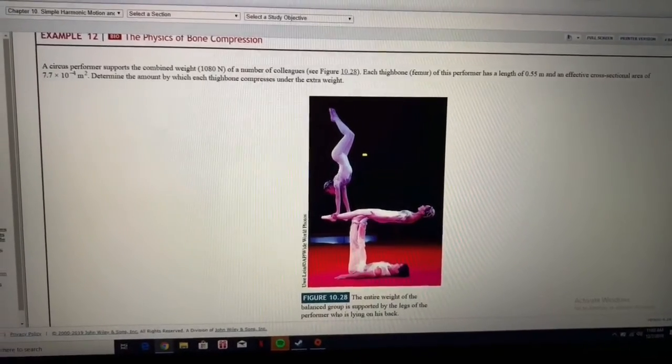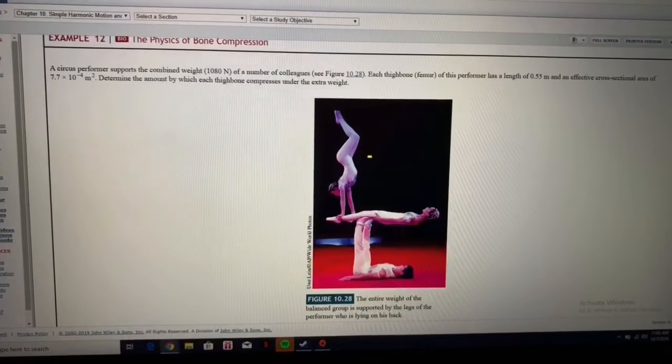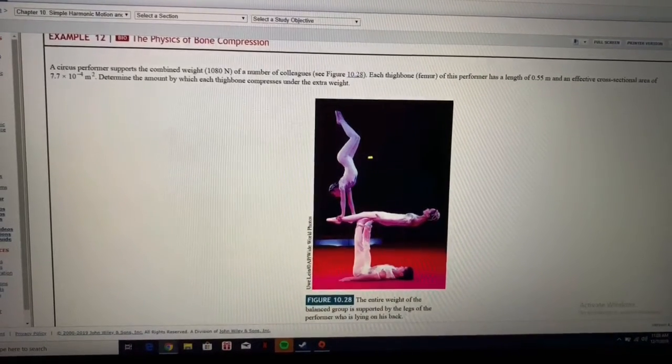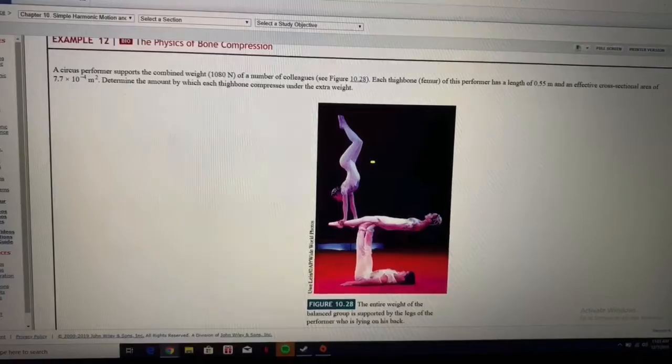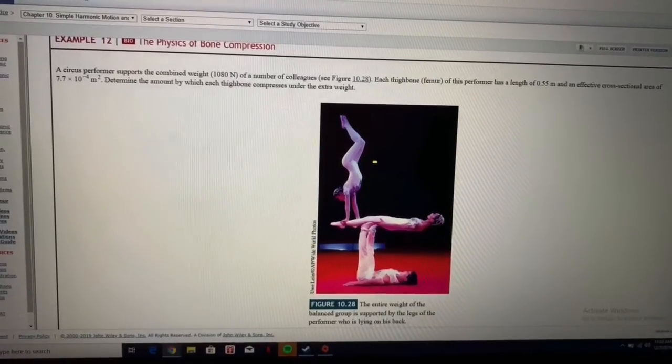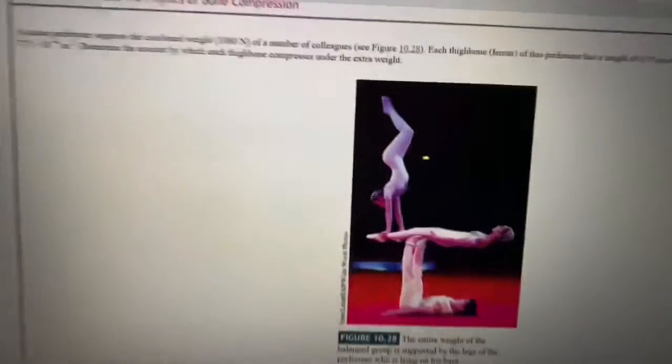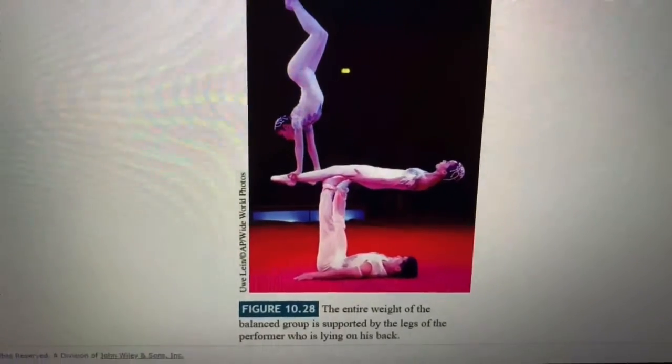Next is 10.7, which is elastic deformation. Reading the example, a circus performer supports the combined weight of 1,080 newtons of a number of colleagues. See figure 10.28.